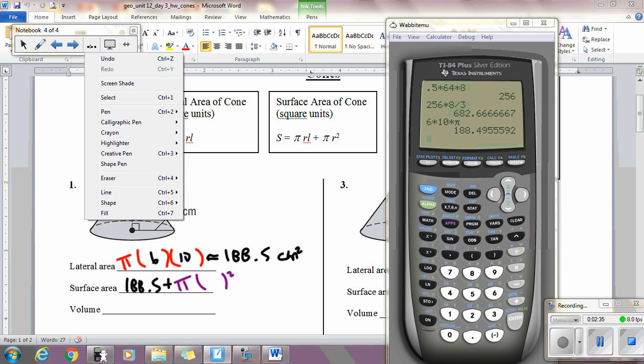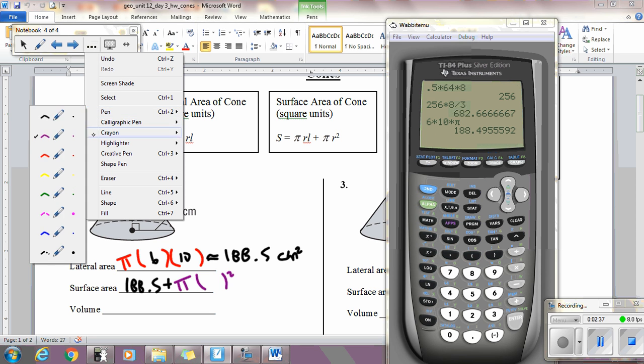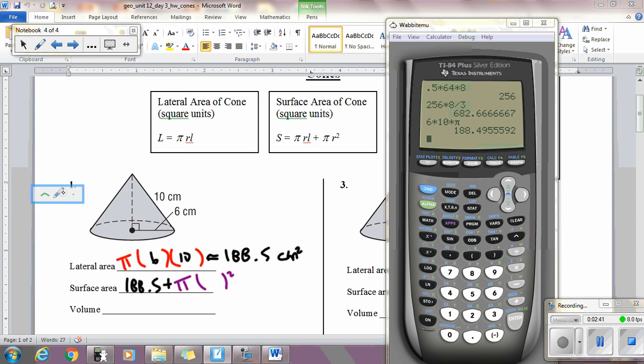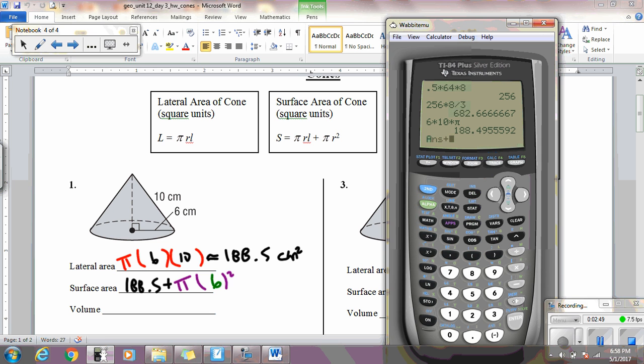So in the calculator, all I'm going to do is just add the last little bit. Pi times 6 squared. Again, we're trying to keep the answers as accurate as possible. If we do too much rounding too soon, it throws off our accuracy.